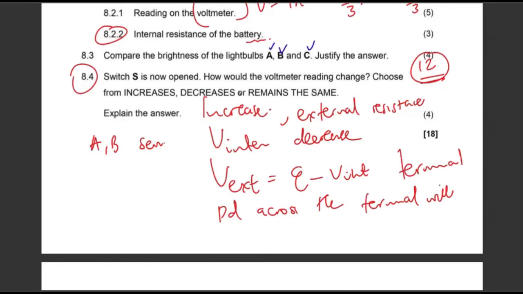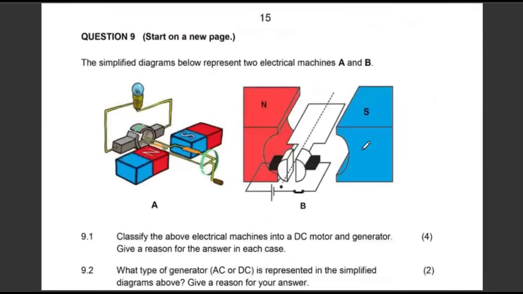So we're basically looking at what brings about the increase. If the external resistance has increased, less current will be flowing, and EMF is a constant. Total current must decrease. Anything around those lines would be perfect.